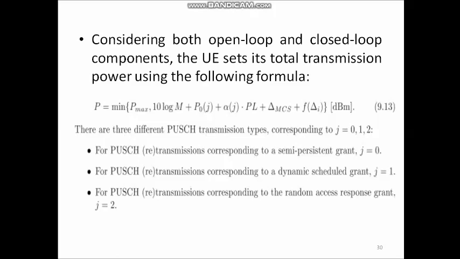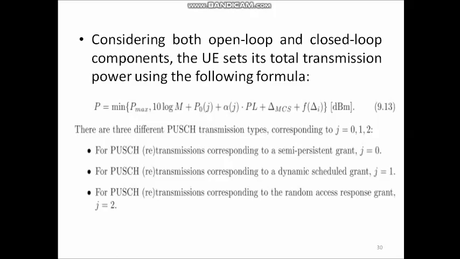So, there are three different PUSCH transmission types based on the j value, where j corresponds to 0, 1 and 2. For PUSCH transmission or retransmissions corresponding to a semi persistent grant, j equal to 0, for a dynamic scheduled grant, j equal to 1, and for a random access response grant, j equal to 2.